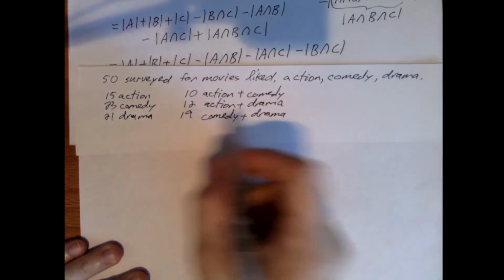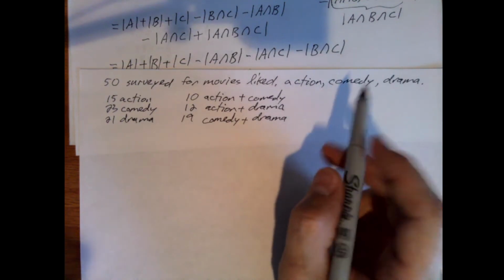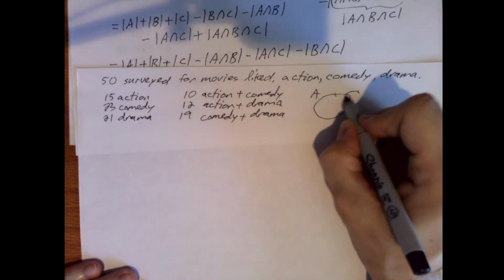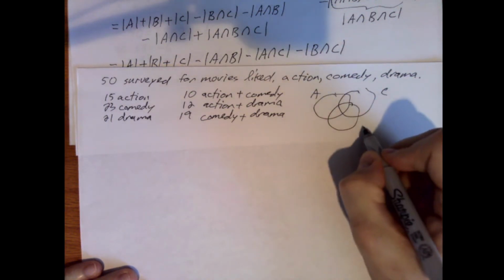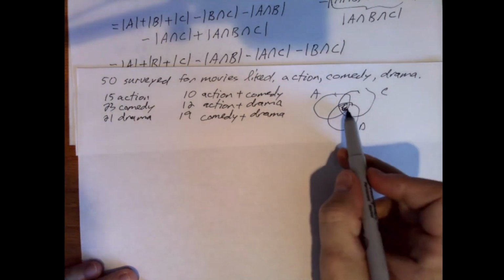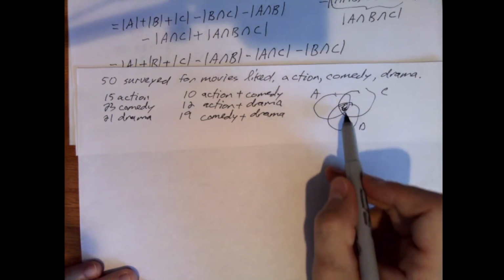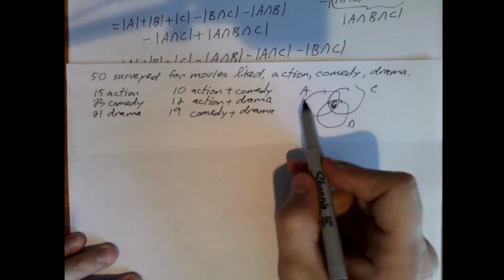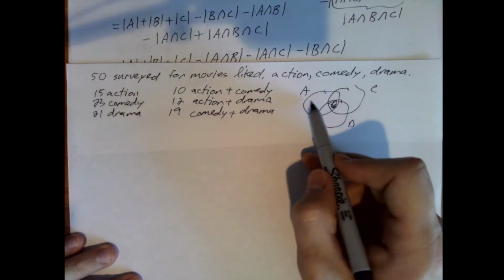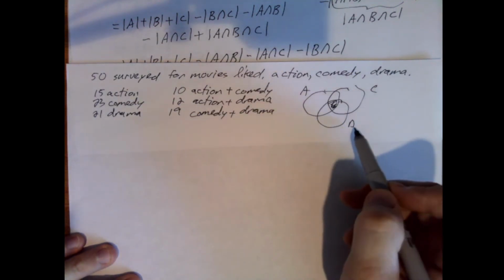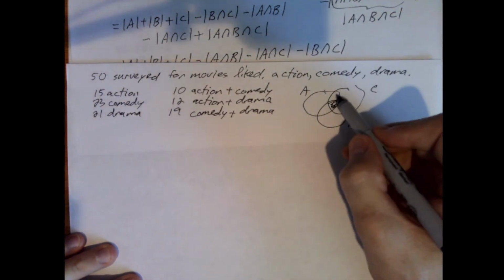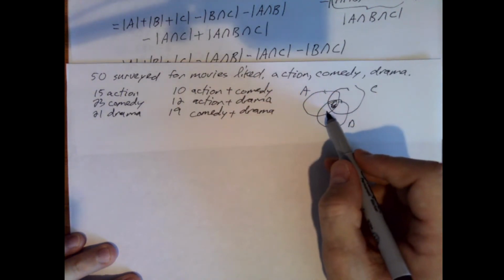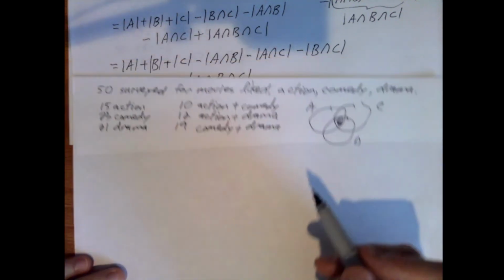Right? So one of these things I didn't list was, what about people that like all three? So what we have is this scenario: action, comedy, drama, and we want to know how many people are in this part here, the intersection of all three, which in our formula is this last thing. Okay, so A by itself is 15, C by itself is 23, D by itself is 21, and then this part where A and C overlap is the 10, where A and D overlap is the 12, and where C and D overlap is the 19.